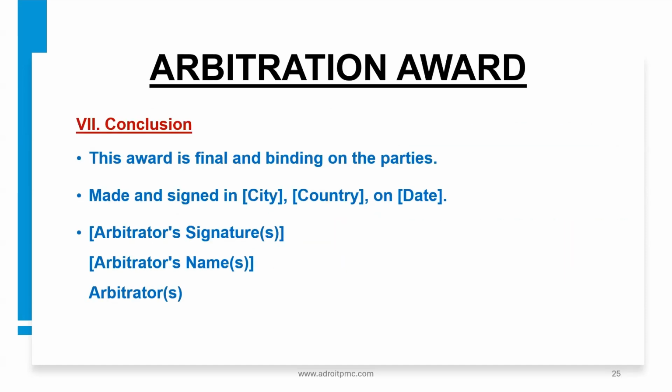And next is the conclusion part of the award. Here it is mentioned that this award is final and binding on the parties, and the arbitrator will sign along with the date, name and place of arbitration. Everything will be mentioned in the final part of the award.